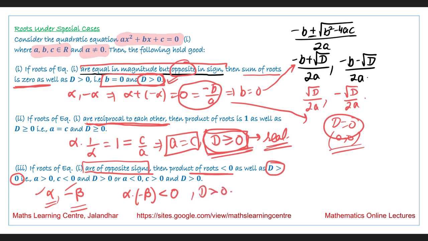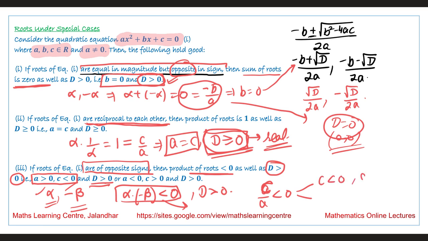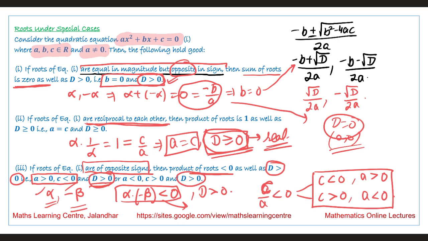So a is greater than 0, c is less than 0 and d is greater than 0. Why? Because of this condition, c by a should be negative. So we have two cases: when c is less than 0, a is greater than 0, and when c is greater than 0, a is less than 0, and the condition d greater than 0 holds in both cases.